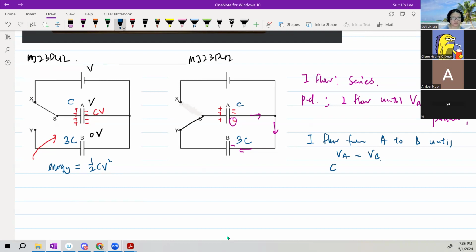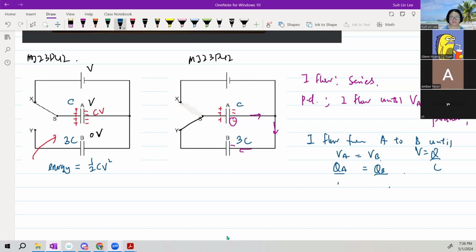So this one would be C, VA is equal to 3C, VB. V is Q over C. QA over C, QB over C. I think I did this question in class already. But basically, current will flow until the potentials are the same, sorry, equal.